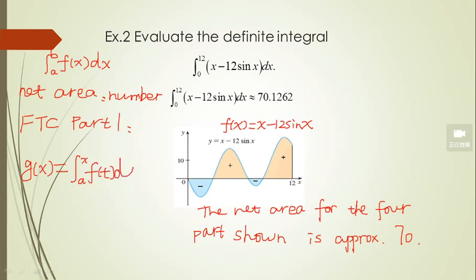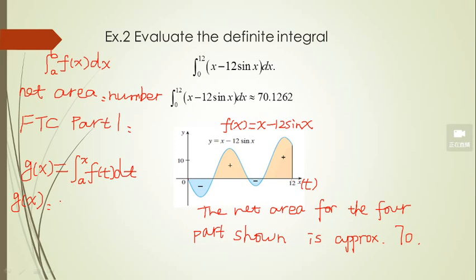How can we understand this function g(x)? This is a new function. Here, this curve is about f. It doesn't matter whether you use x or t as the independent variable. This is a curve about f.